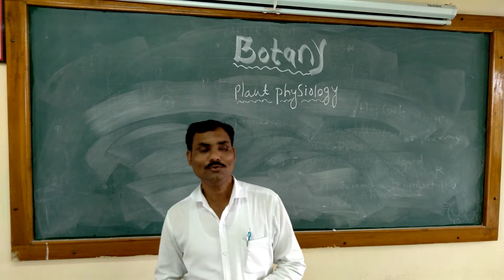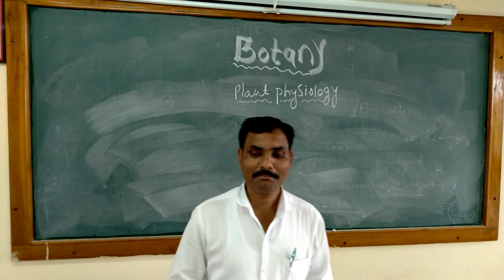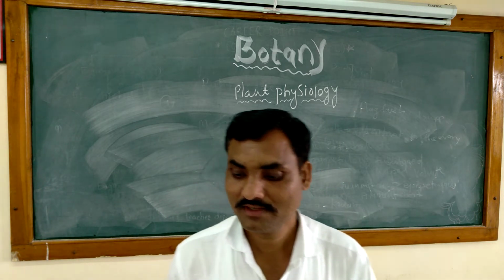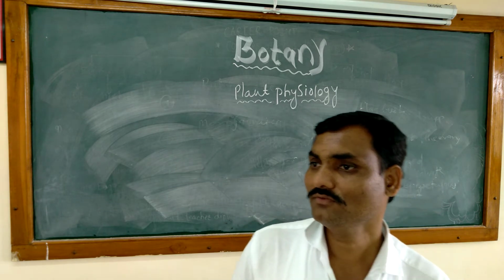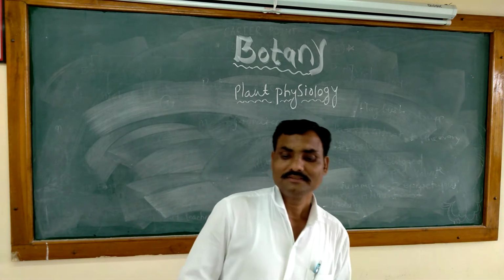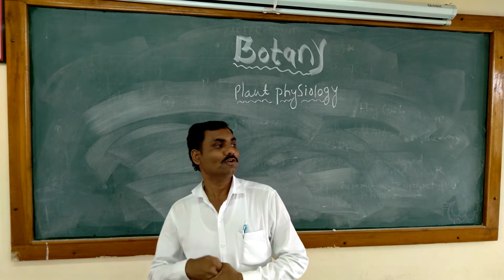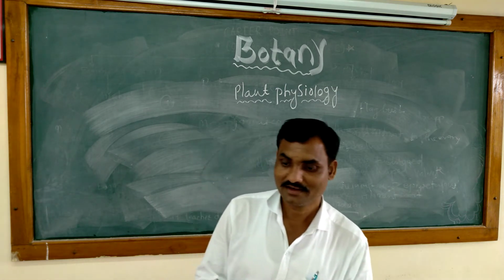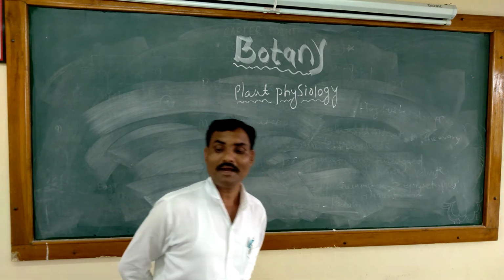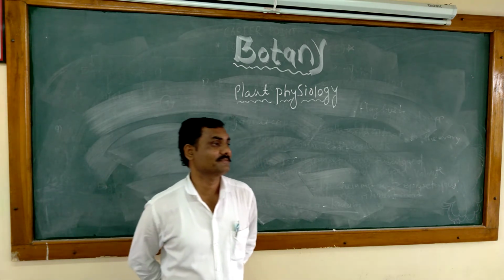Then, how do plants prepare their own food? What is the main source? How do they prepare their own food with the help of different pigments? Such and many other problems about plant life may be understood by plant physiological studies.